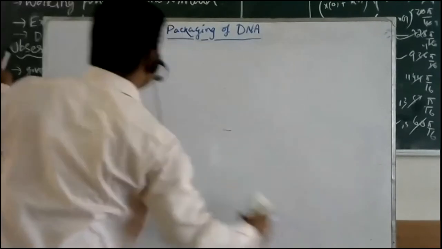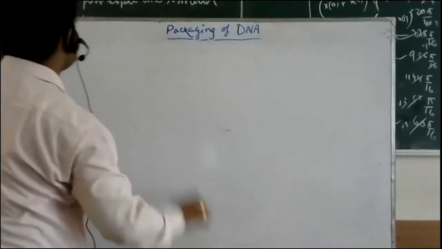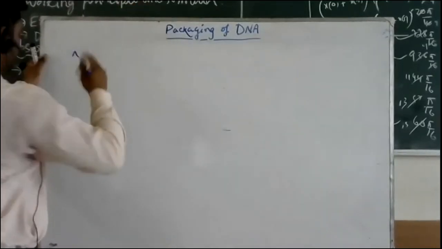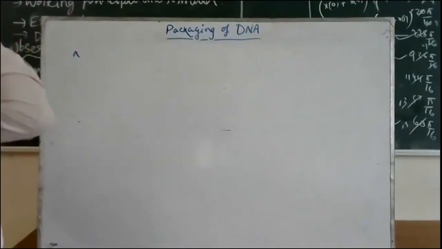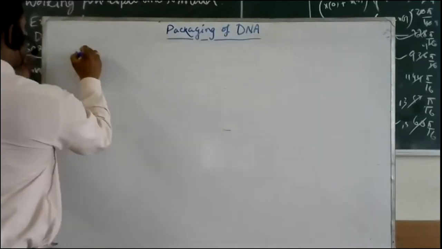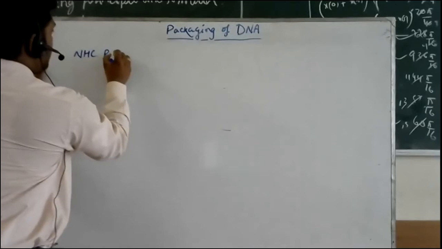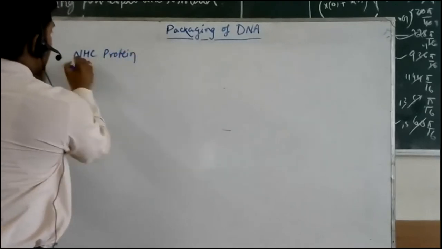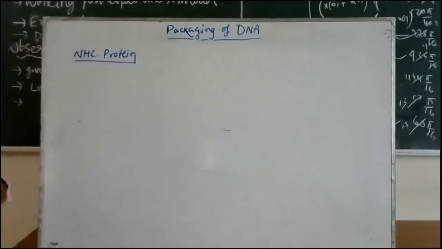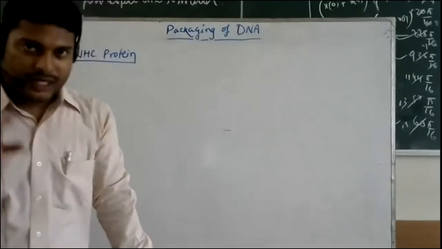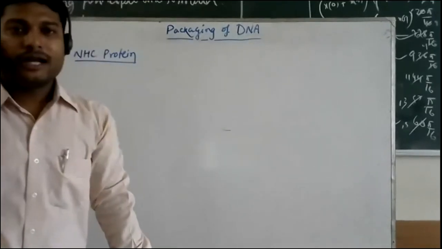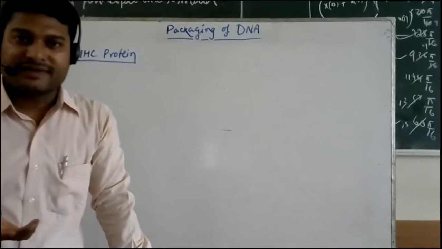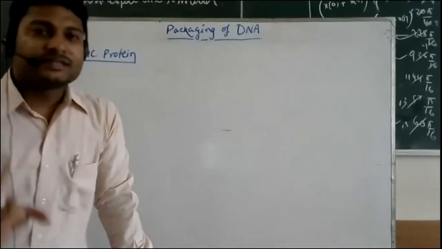Okay. Before going into that, I have to tell you something regarding the NHC protein. As we had said, proteins are required for packaging, and at lower levels, that is at the nucleosome level, the histone protein is more than enough.